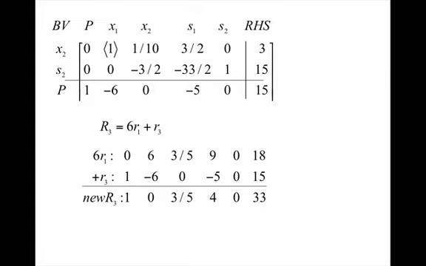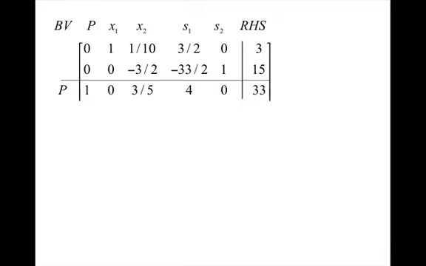When I add this to row 3, I get a 1, a 0, a 3/5, a 4, a 0, and a 33. And this is my new row 3. So now I replace row 3 with this new row 3, and I leave rows 1 and 2 the same.